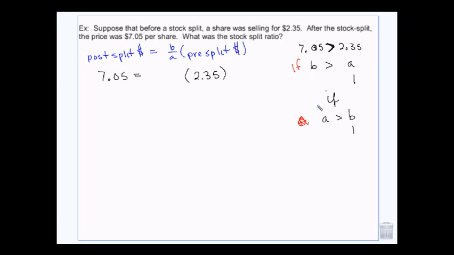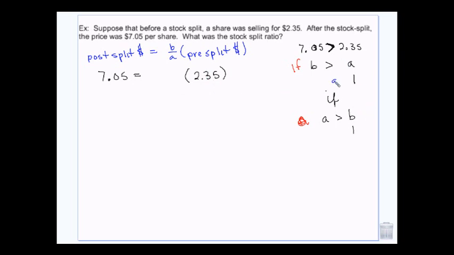Now we could end up with a number for the other variable that's like a decimal or a fraction, in which case we'd have to adjust it to get whole numbers, but you have to assign one of them a value of 1 in order to solve for the other. Does that make sense? Because otherwise we'll spend all day trying to figure out numbers that work. So the smaller one is the 1.